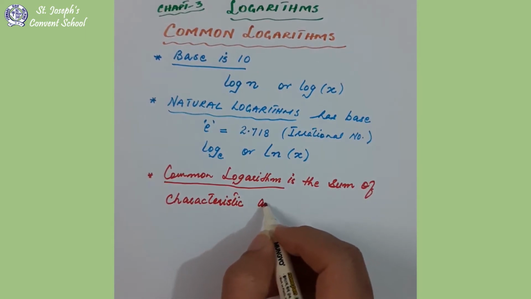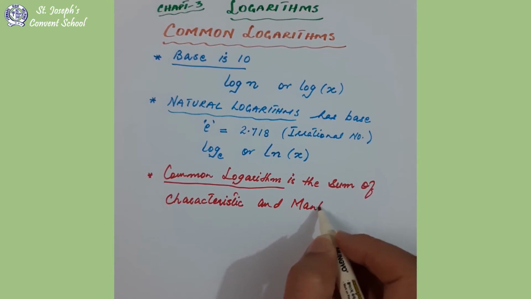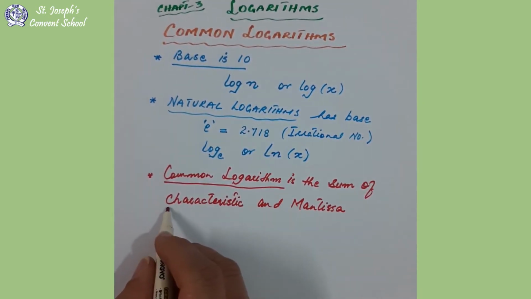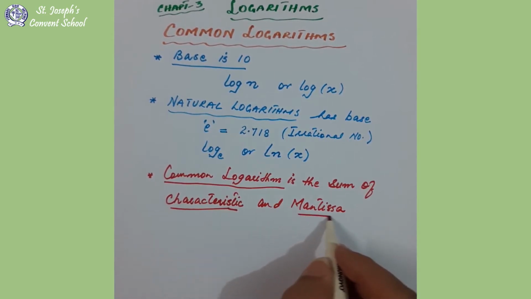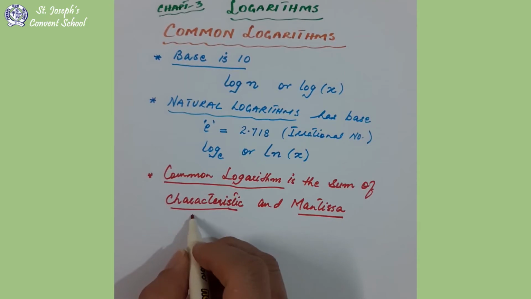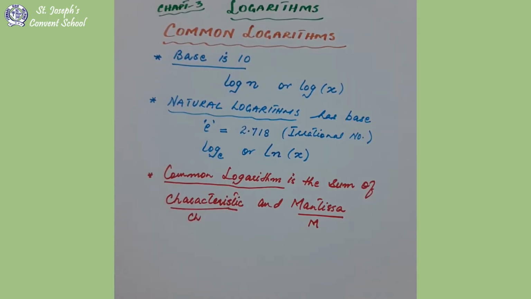and mantissa. You have to remember these two words. We are going to use characteristic and mantissa. We'll write short form of characteristic as ch, and for mantissa we'll use capital letter M. Okay, so common logarithm is sum of characteristic and mantissa.